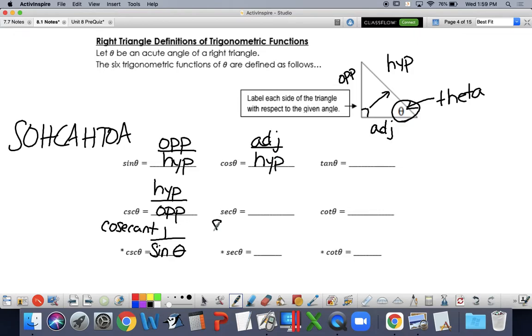Therefore, secant, that's what this stands for, secant. So again, a C is paired with an S. It is, again, just the reciprocal. Hypotenuse over adjacent, or you can think of it as 1 divided by the cosine of theta.